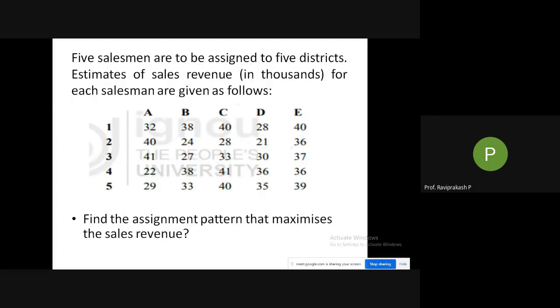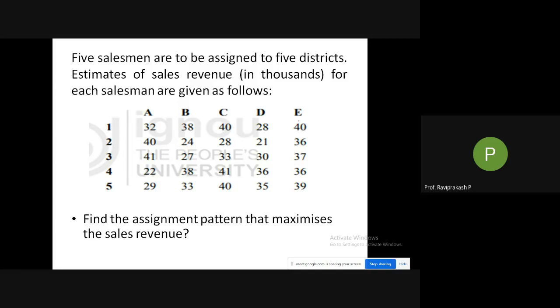So take down this particular problem now. Problem statement: five salesmen are to be assigned to five districts.